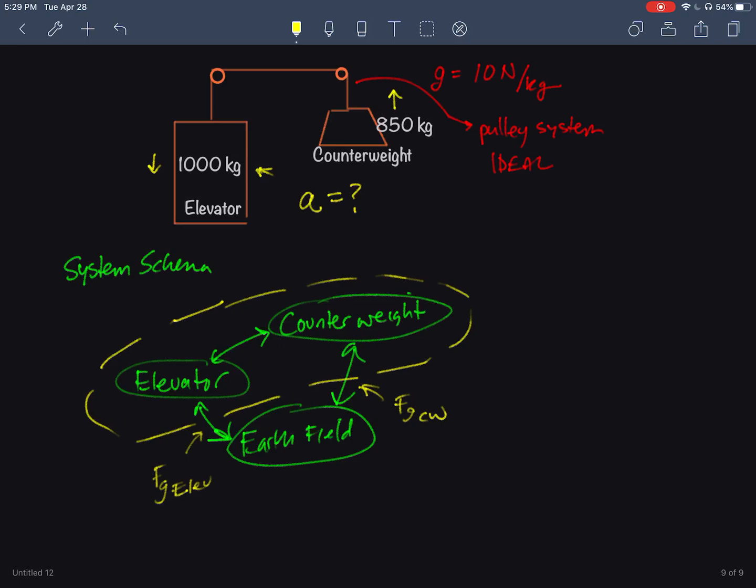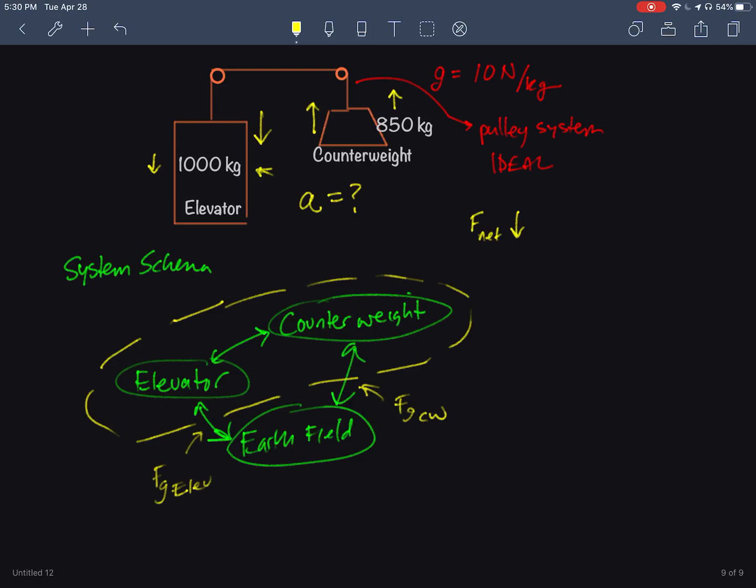So if we started the system from rest, the counterweight goes up and the elevator goes down. Okay, makes sense. So there must be a net force downward, because we expect it to go from rest to faster going down. That means our acceleration for the elevator is going to be downward.